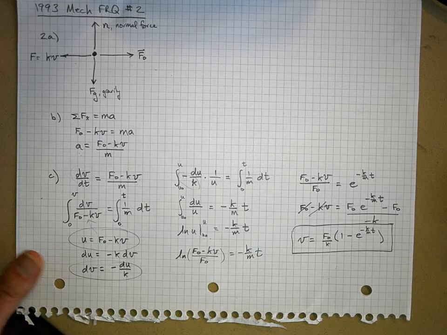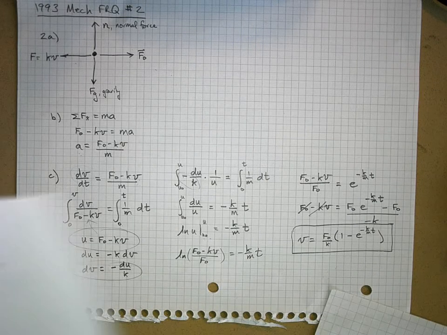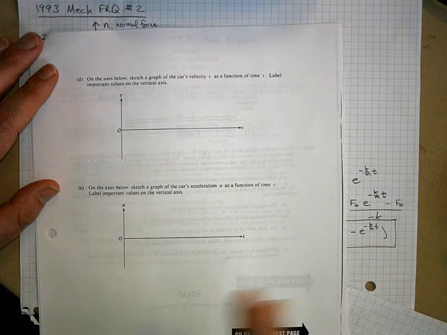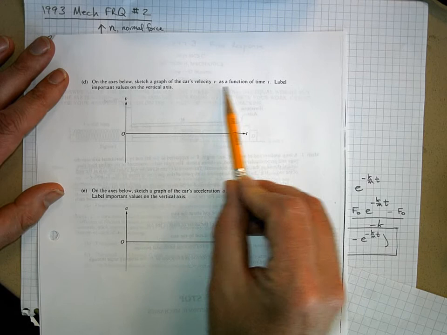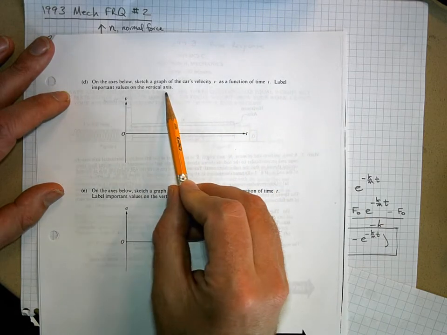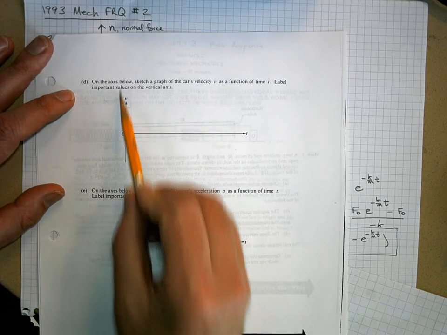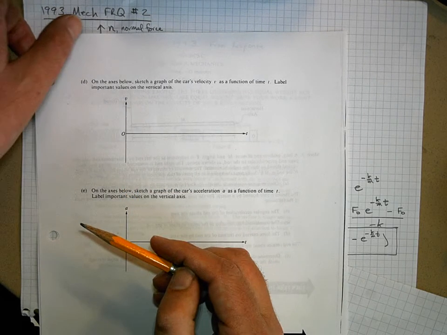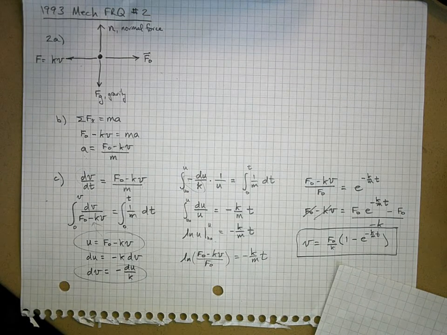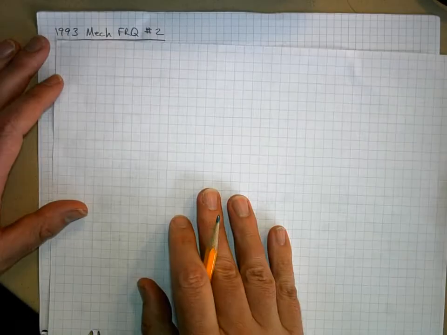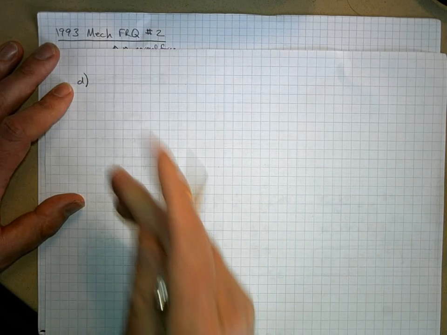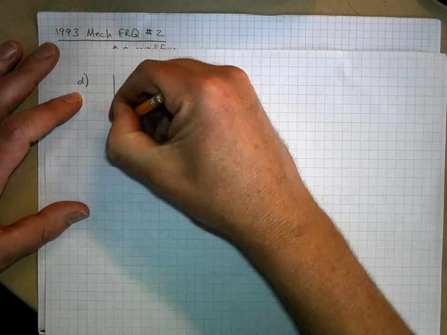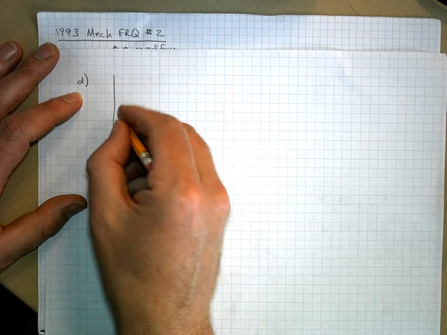So let's go on to part D. It says, on the axis below, sketch a graph of the car's velocity v as a function of time t. Label important values on the vertical axis. So here's the vertical axis, and here's part D. We've got our velocity as a function of time.